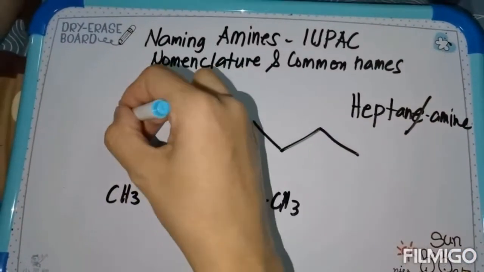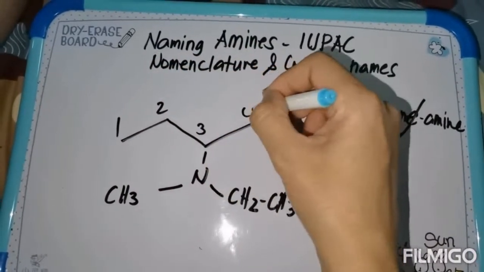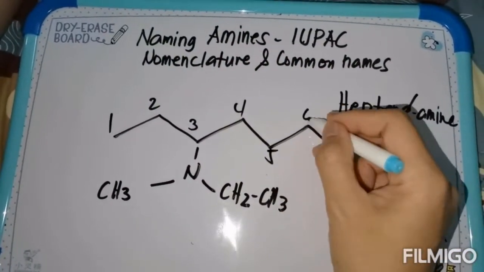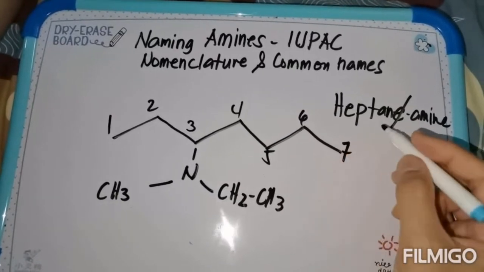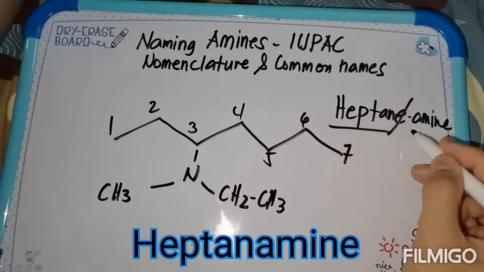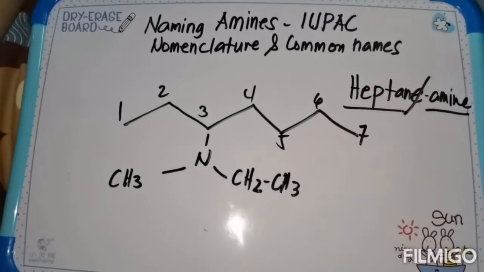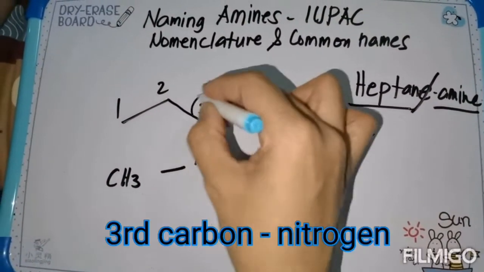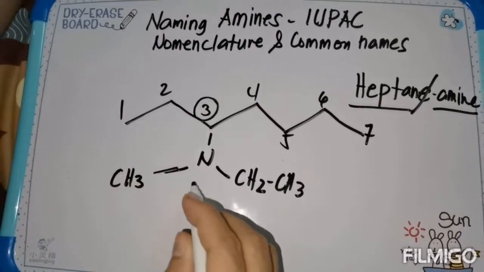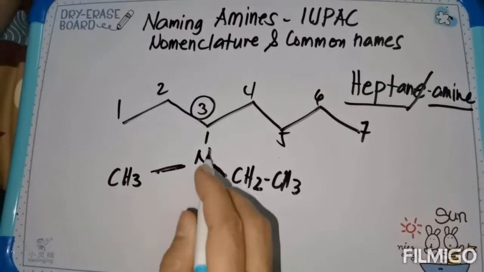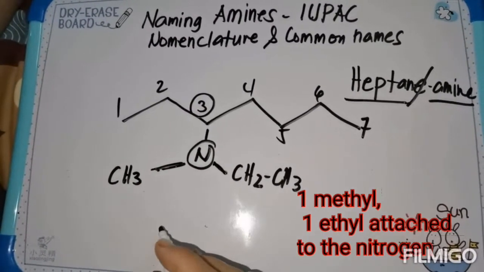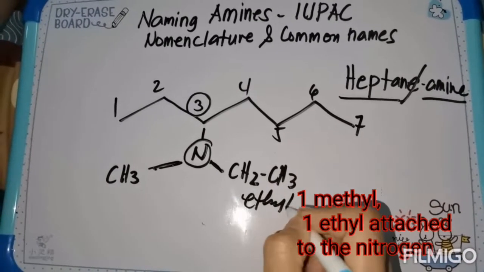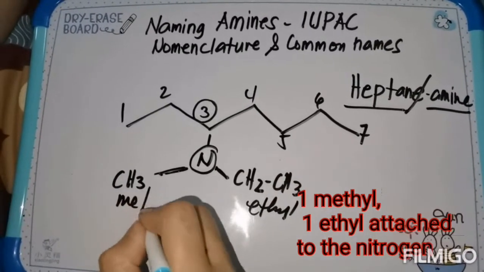So we will number this 1, 2, 3, 4, 5, 6, 7. It will come up with heptanamine. So we can see that nitrogen is attached to the 3rd carbon and one ethyl and one methyl attached to nitrogen. So we will name this as ethyl and methyl.